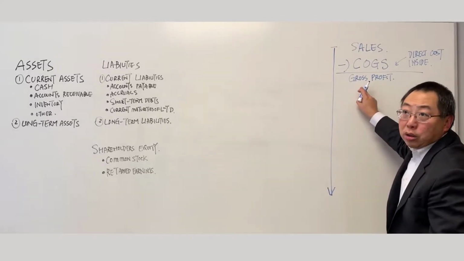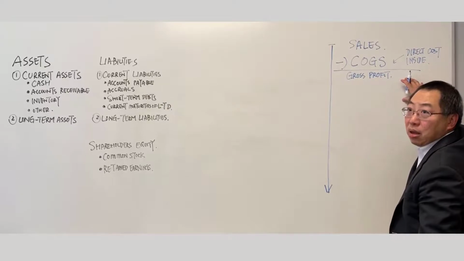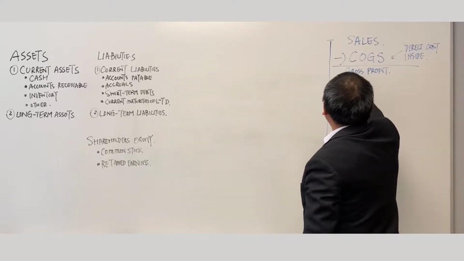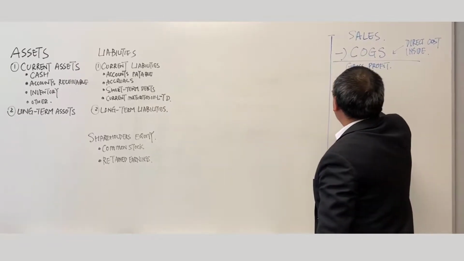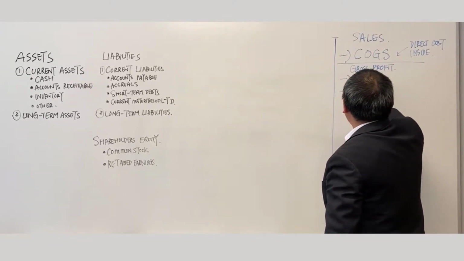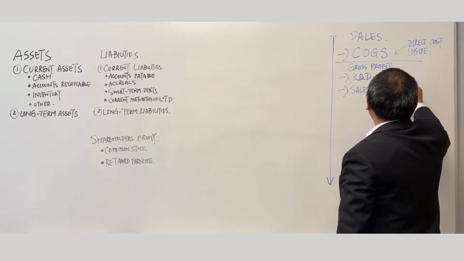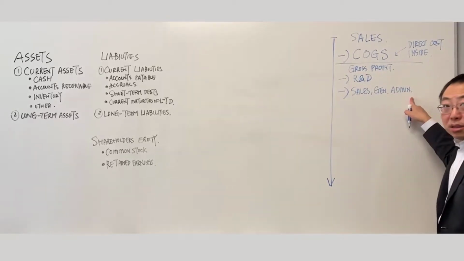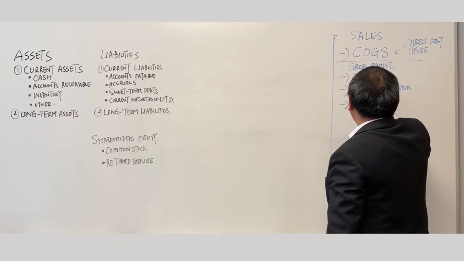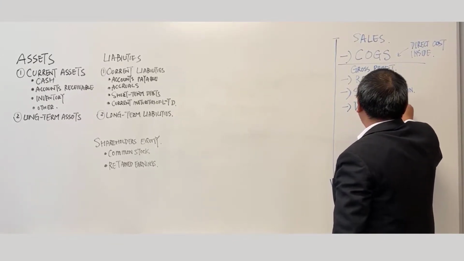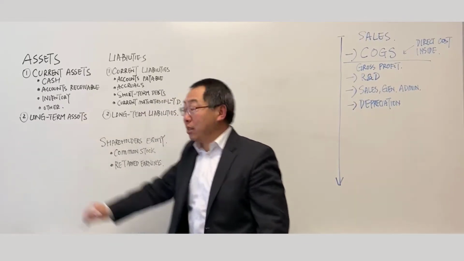And of course, we also have some costs that are indirect costs inside the firm. They are, in general, research and development costs, sales, general and administrative costs, and depreciation or amortization from our long-term assets.